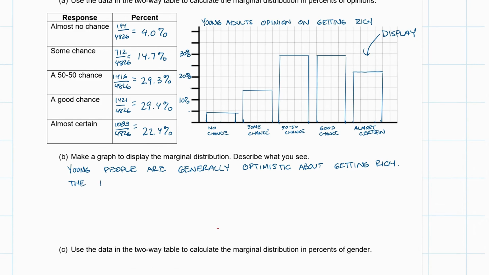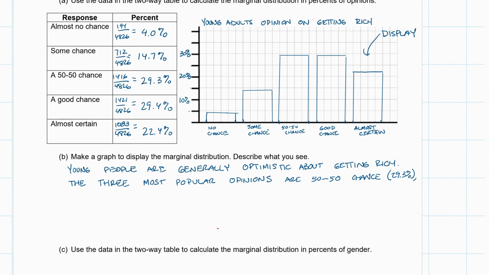The three most popular opinions are 50-50 chance, and that's at 29.3%.